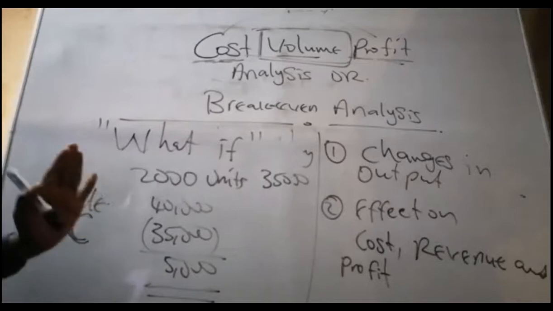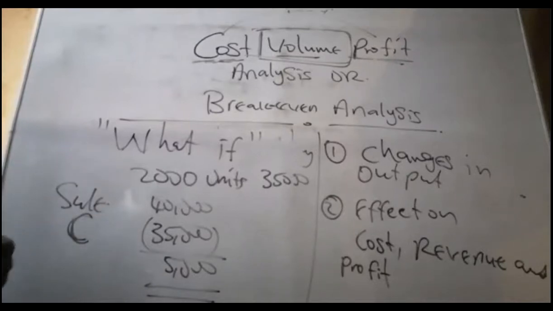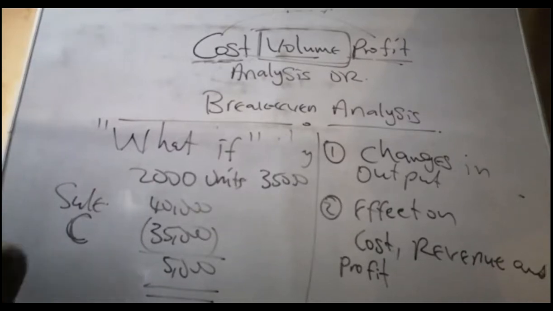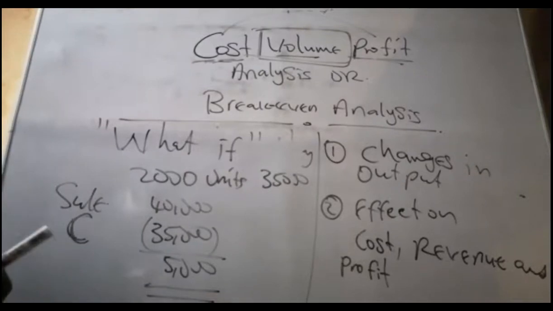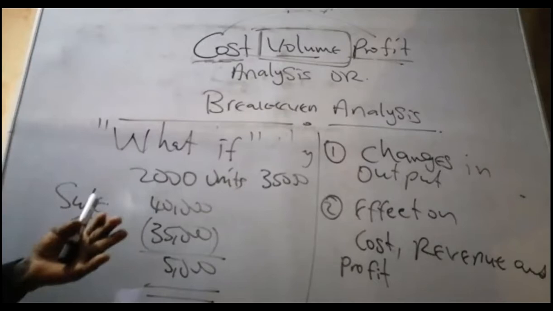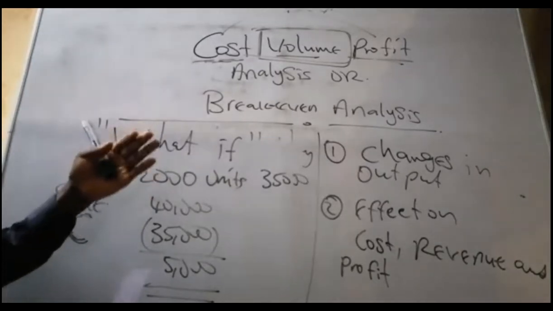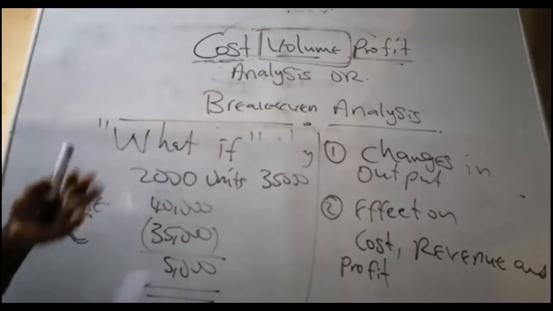We are done. And then we also went through some basic formulas. And we said that CVP we can have for single product and then multi-product. We went through the assumptions. CVP comes with a lot of assumptions.